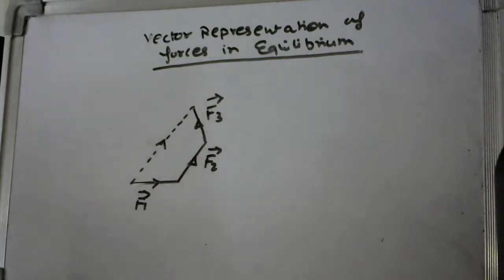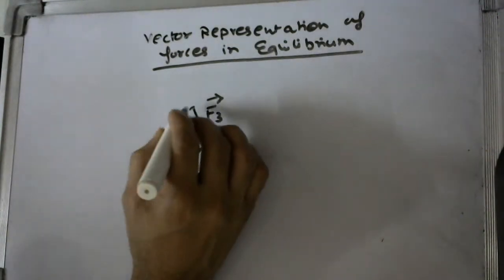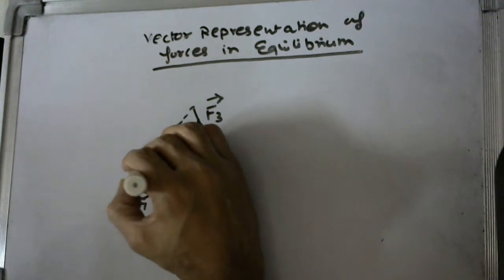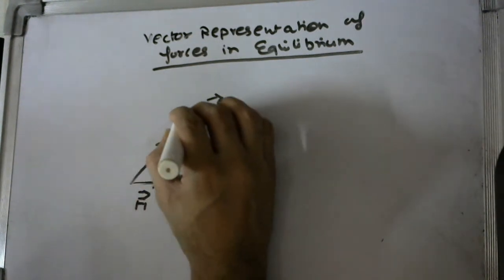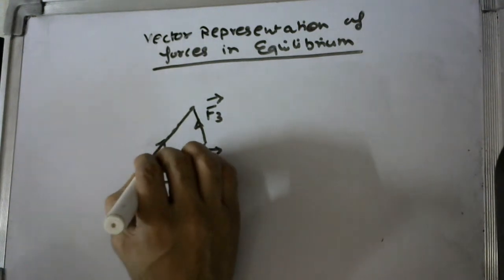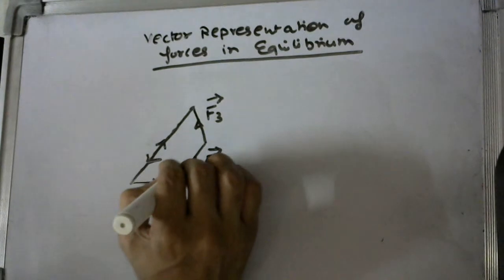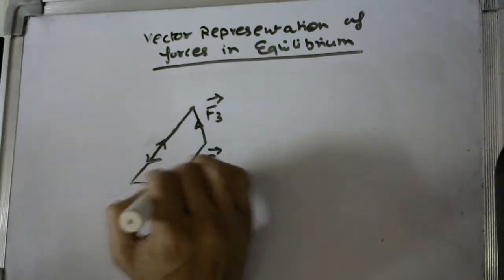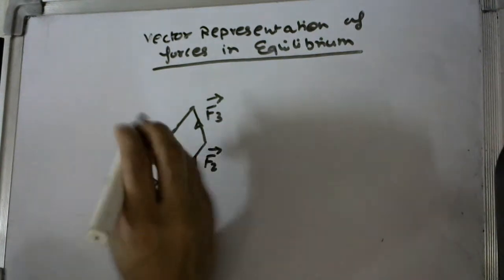Now, if we were to determine a fourth force which can make the entire system in equilibrium, it can be easily understood that it should be a vector which is drawn in the same order as the given forces that can make the entire system into equilibrium.